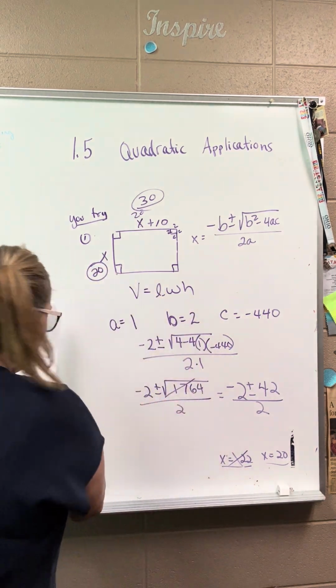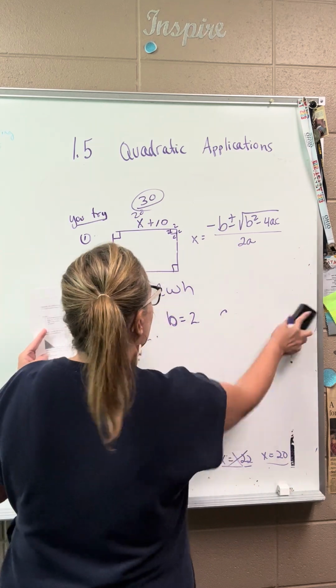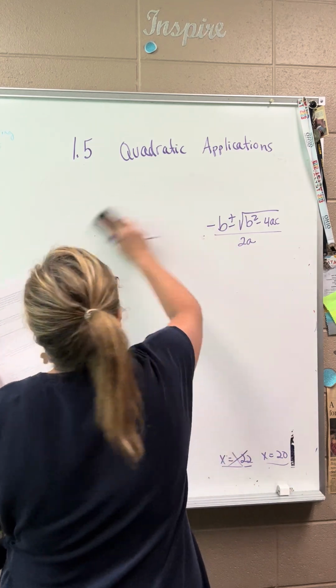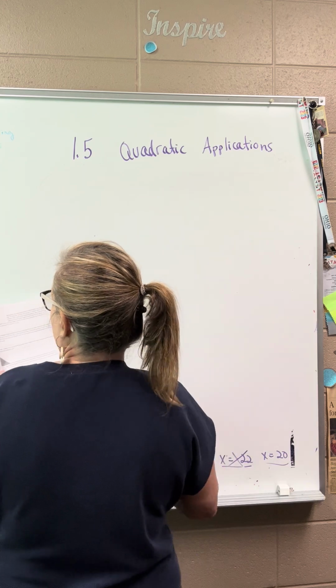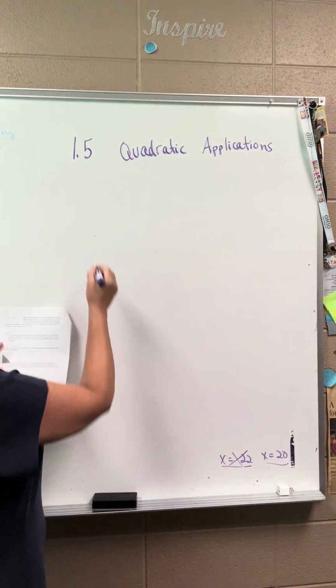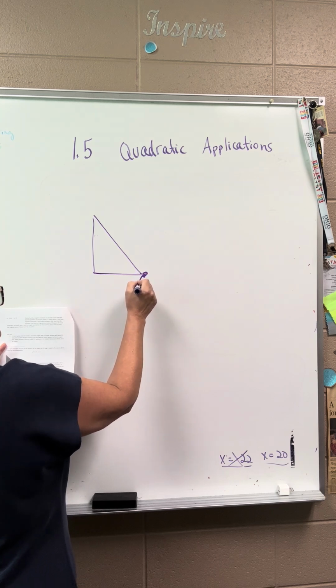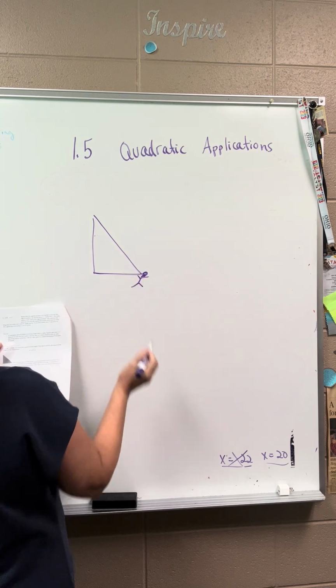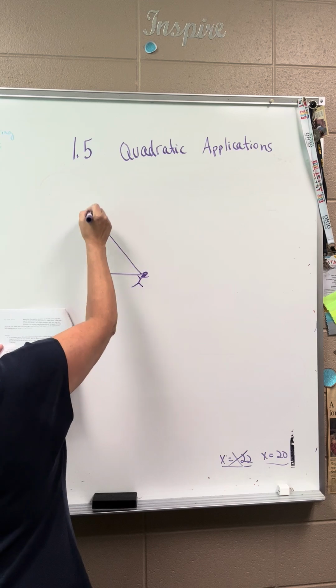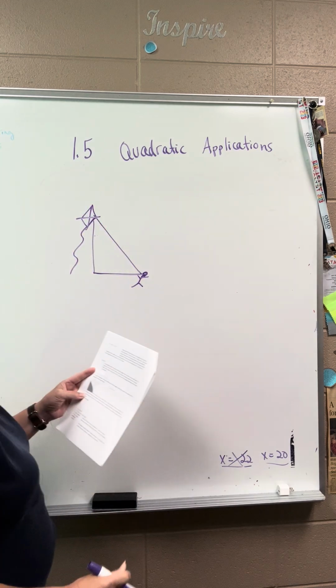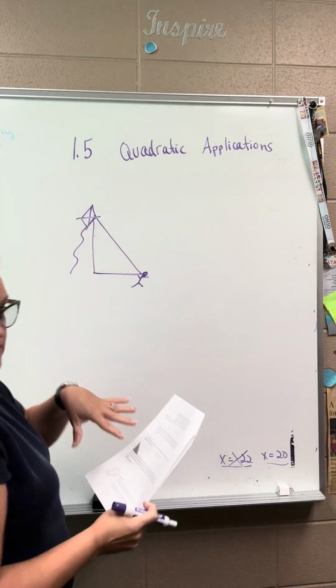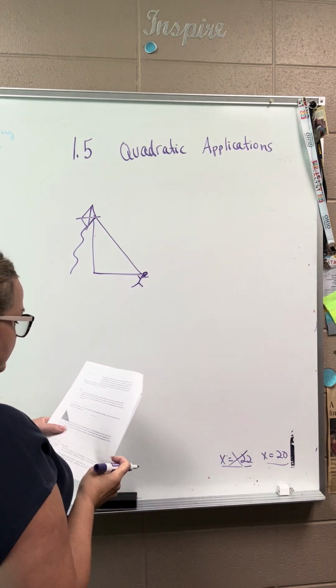All right, moving on, the next problem on your handout goes back to the Pythagorean theorem, and we've got Mia flying a kite. So let's say here's our Mia flying this kite. And it tells us you can set this up, so always feel free to pause the video and do this.